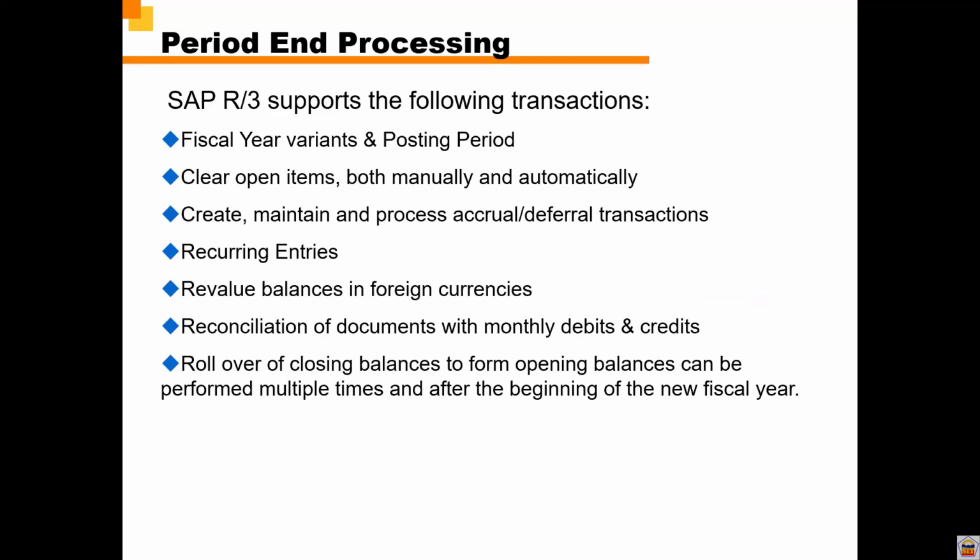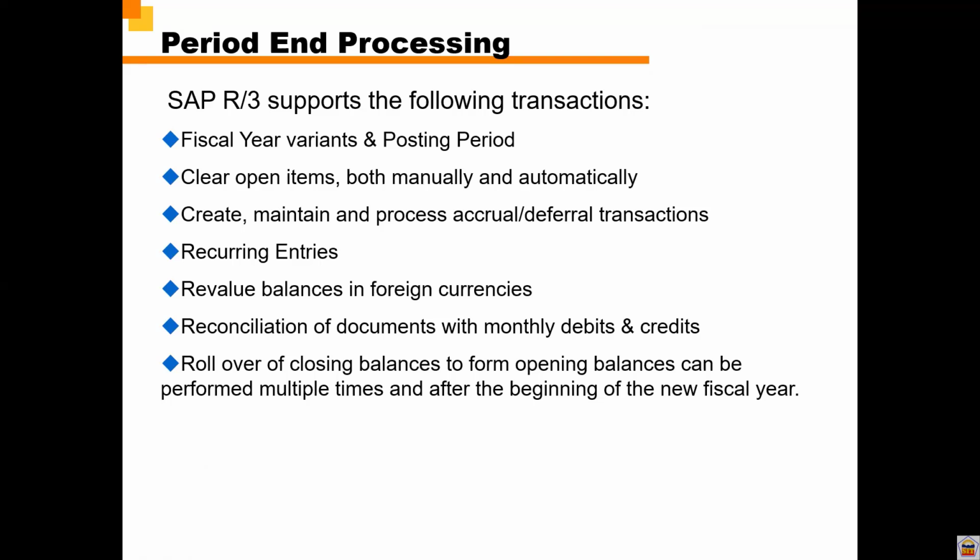Then there are some activities which we need to do at the month end, and these are called period end activities. In this, we need to change the period. Let's say March month has closed, so now we need to start doing the posting for April. So obviously we need to open the April period in the system.